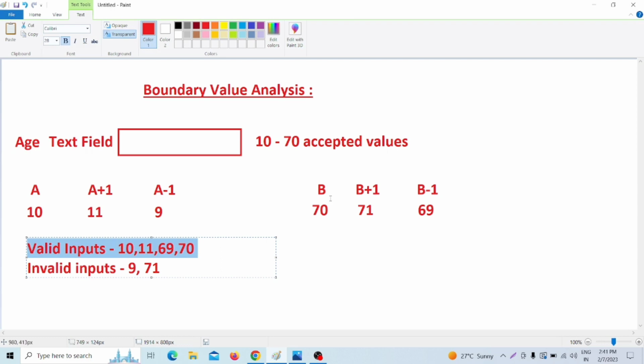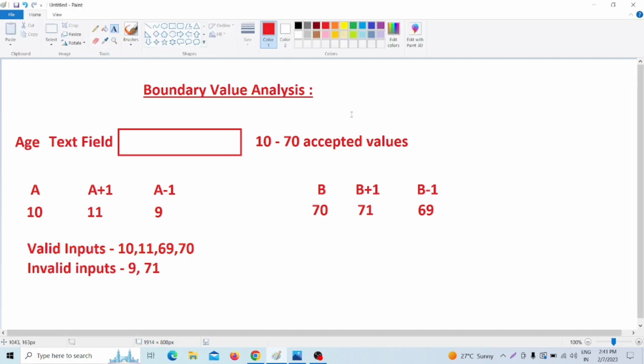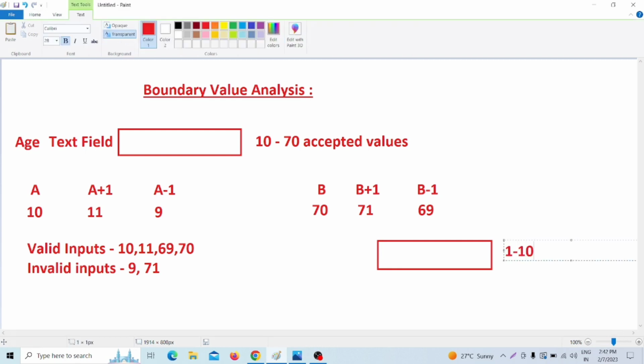Right? Suppose I am giving you one more example. Suppose we have a text field, and the accepted values are 1 to 10.